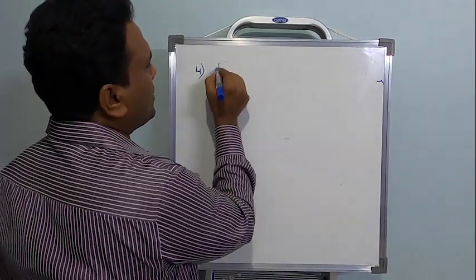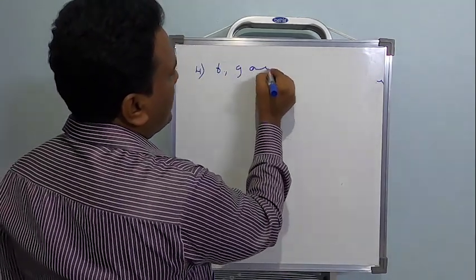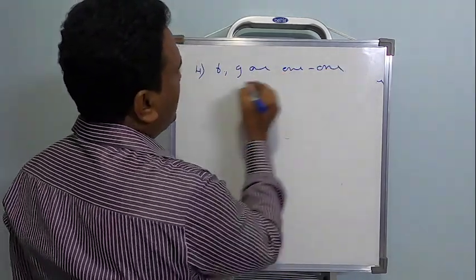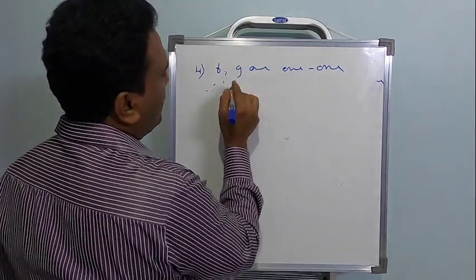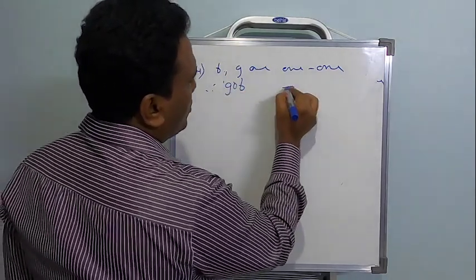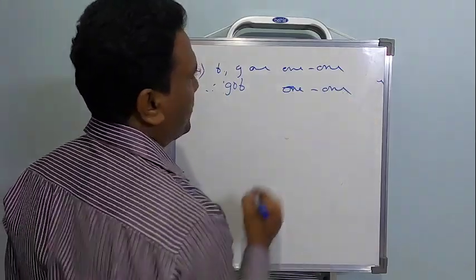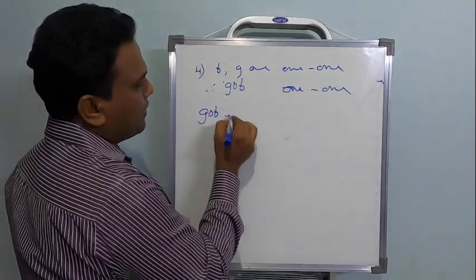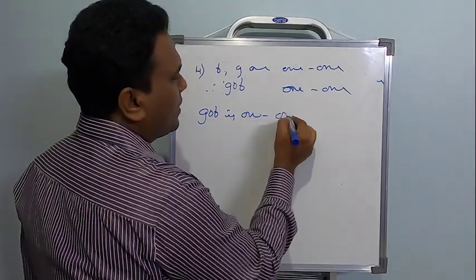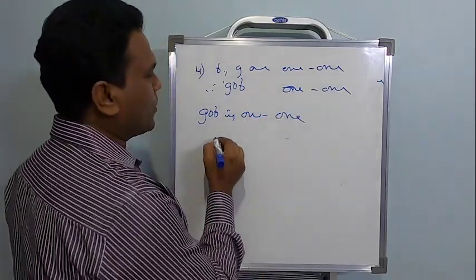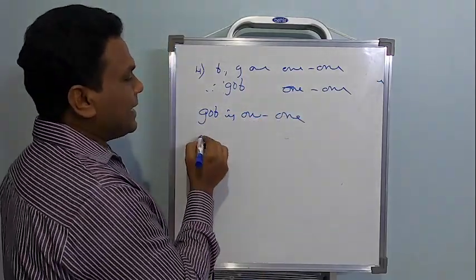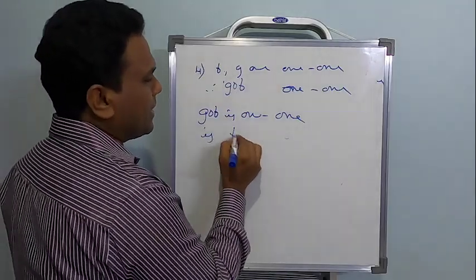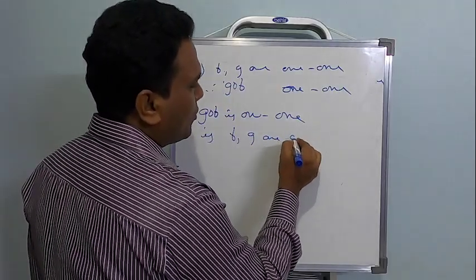What they said is f and g are 1-1, therefore g of f is also going to be 1-1. What is the converse of this? g of f is 1-1. So what I need to check is whether necessarily f and g are 1-1.